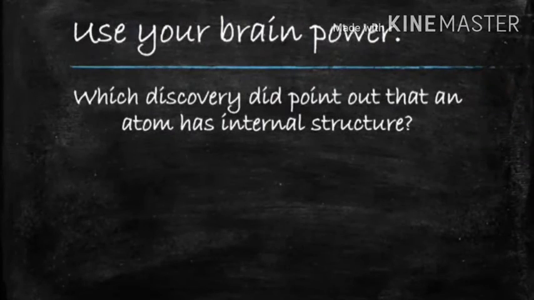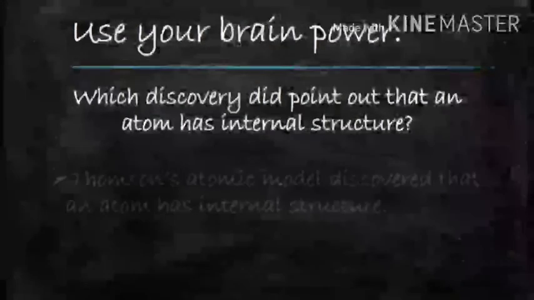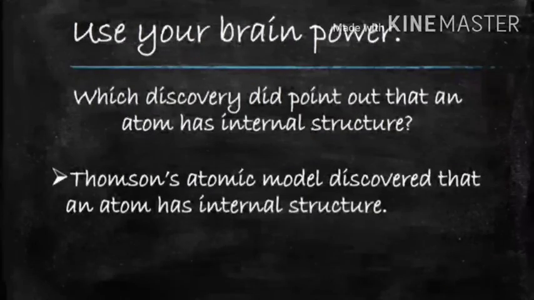So use your brain power. Which discovery pointed out that an atom has internal structure? Thomson's atomic model discovered that an atom has internal structure.